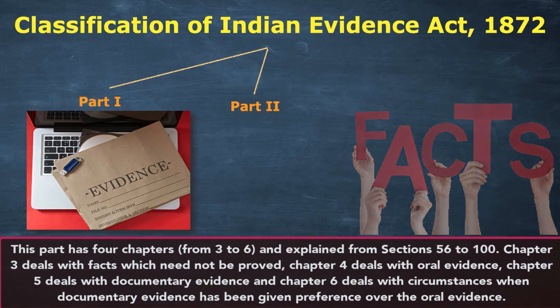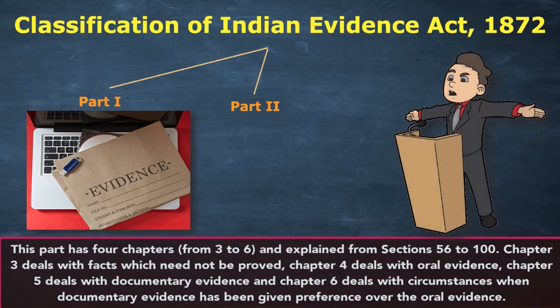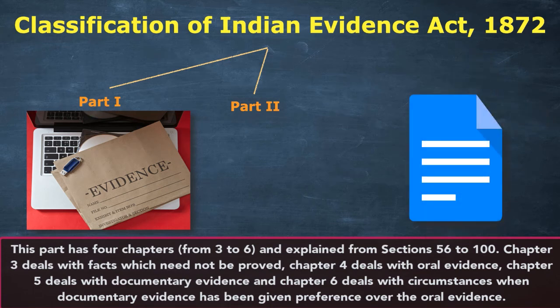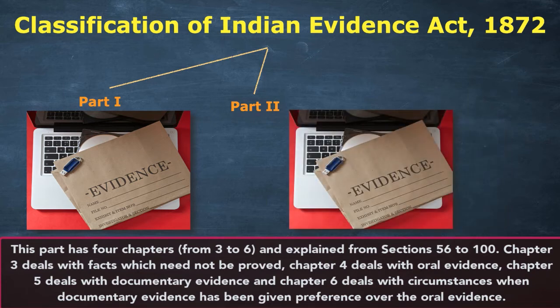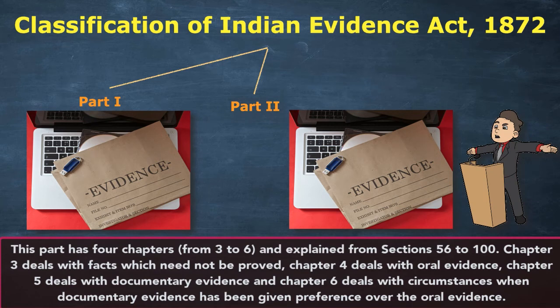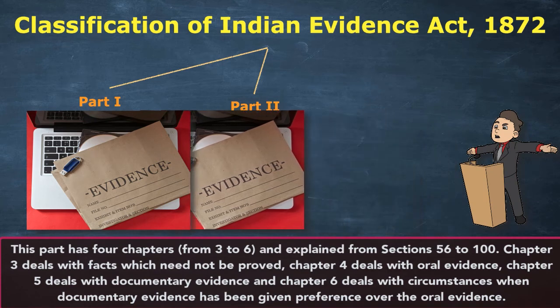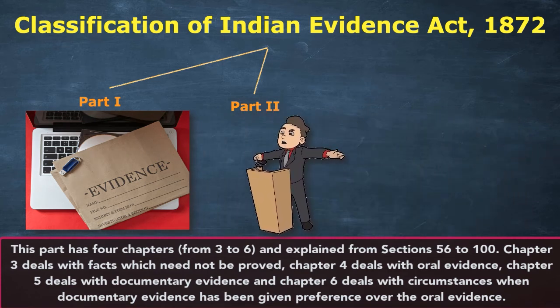Chapter 4 deals with oral evidence. Chapter 5 deals with documentary evidence, and Chapter 6 deals with circumstances when documentary evidence has been given preference over oral evidence. So it is clear now what part 1 does and what part 2 does.